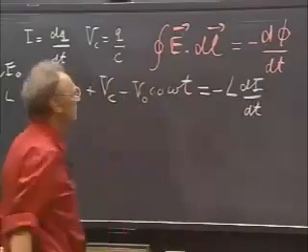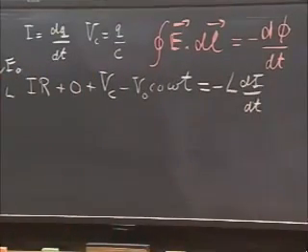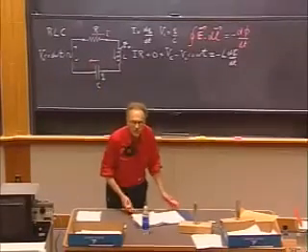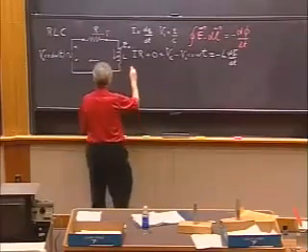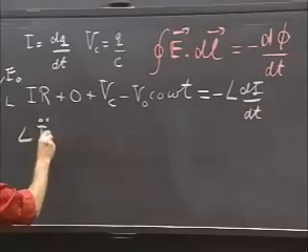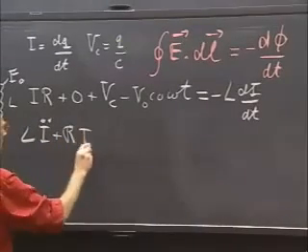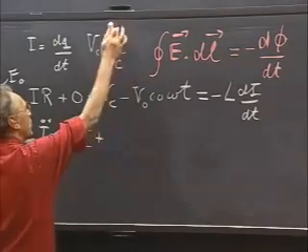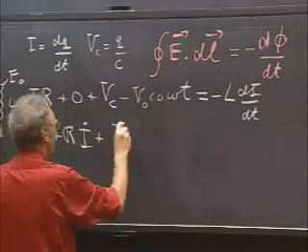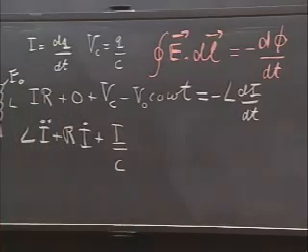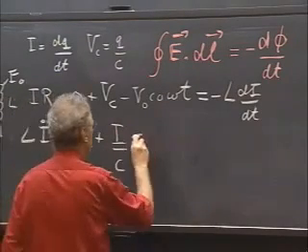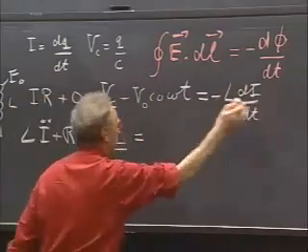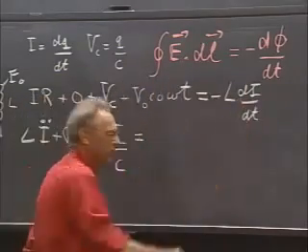This now covers the minus dΦ/dt. So now what I do, I bring the L in, and I take one more time derivative. And so I get L times I double dot plus R times I dot plus Vc, but I take the time derivative, so the Q dot becomes I, so I get I divided by C. And that now becomes the time derivative of this function, but it goes to the right side, which makes the minus sign a plus.